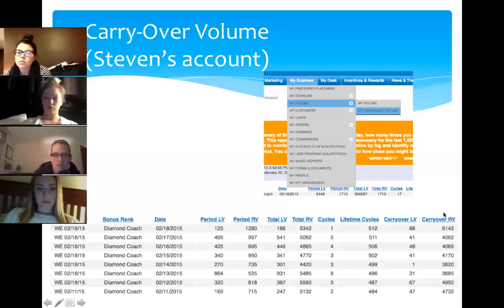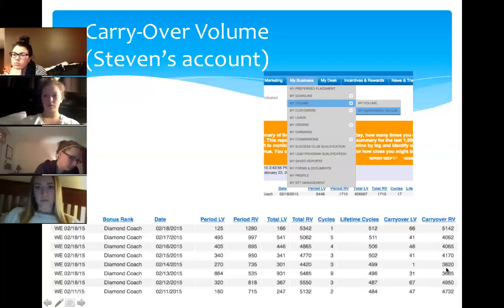The guys that have been in this business for years and years talk a lot about this carryover volume, and it's pretty important because it kind of gives you an idea of what kind of income potential you might have and where you might want to focus putting future coach placements.